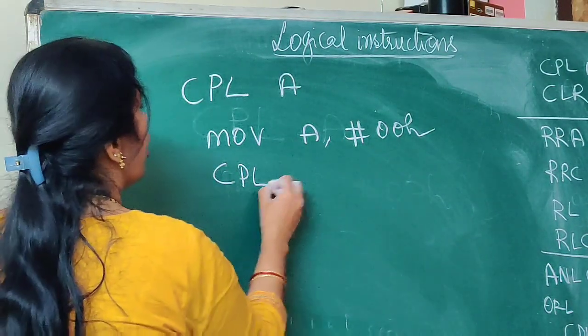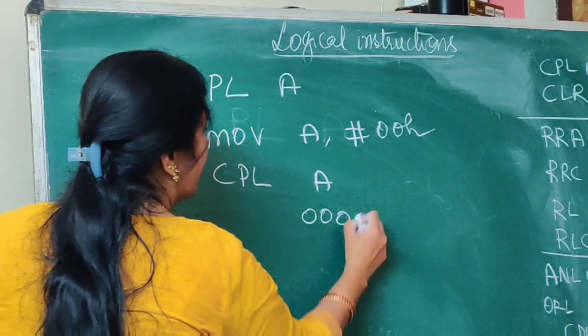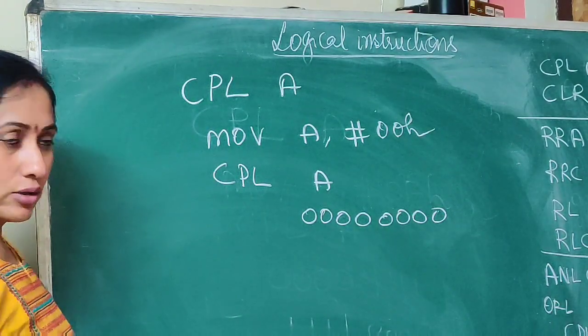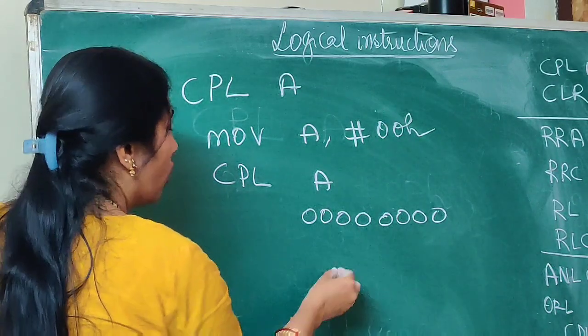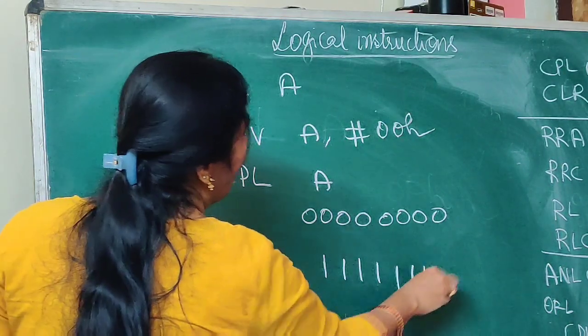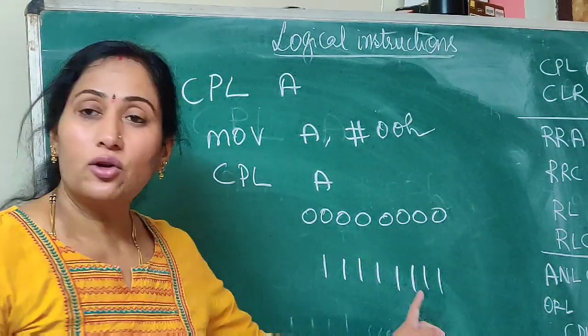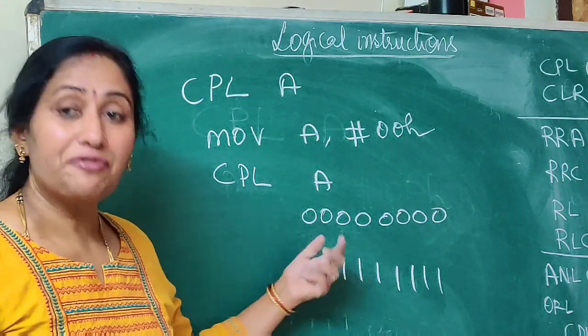Now if I write complement A, what is there in the accumulator? 00 hex. Let me write it in binary: 00000000. Now if I say complement, then all 0s will become 1 and all 1s are going to become 0. Here I am having all 8 zeros, so I am going to have 8 1s, which means that the accumulator will have FF hex.